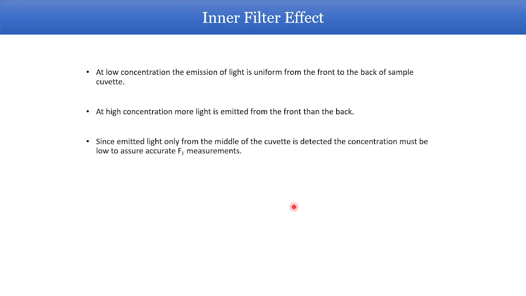So we need to use low concentration, because then the emission will be uniform. Whereas at high concentration, it is mostly emitted from the front than the back of the cuvette, so the accuracy of the measurement becomes very uncertain.